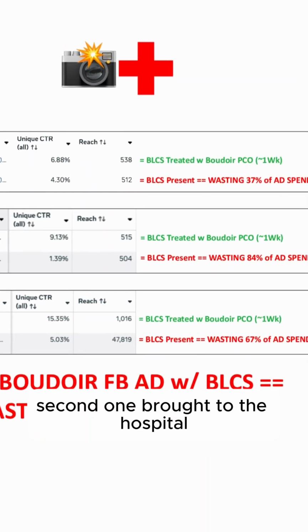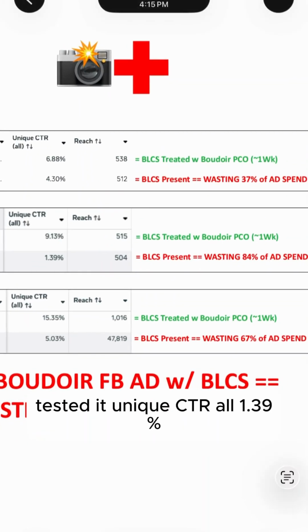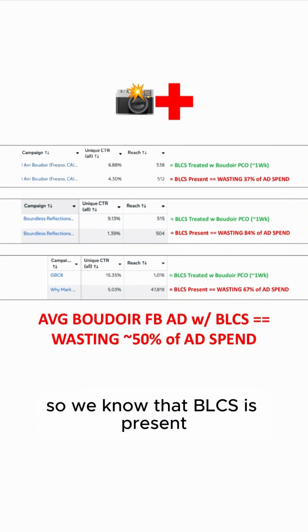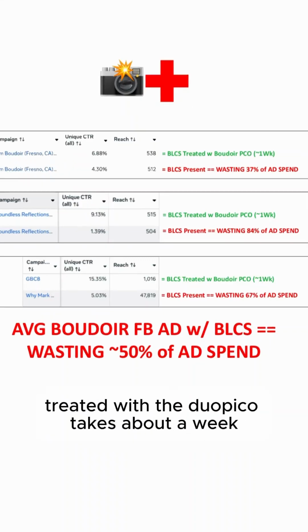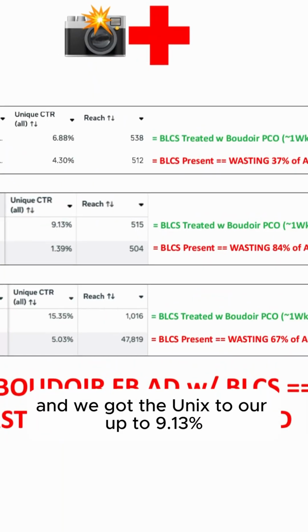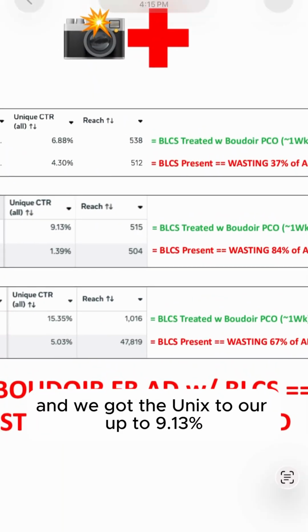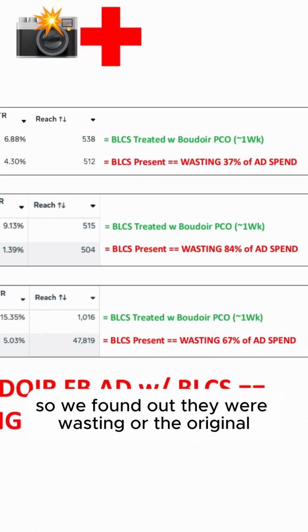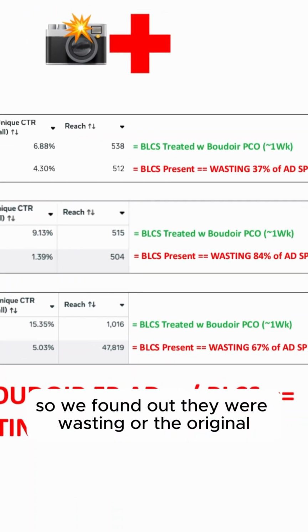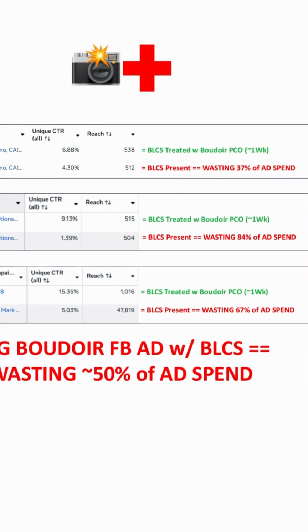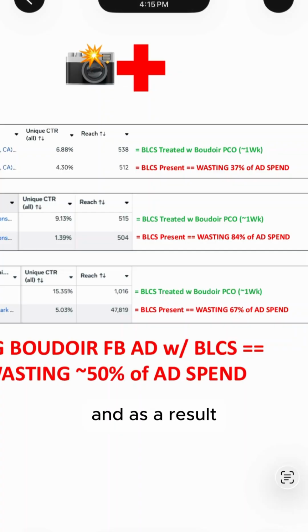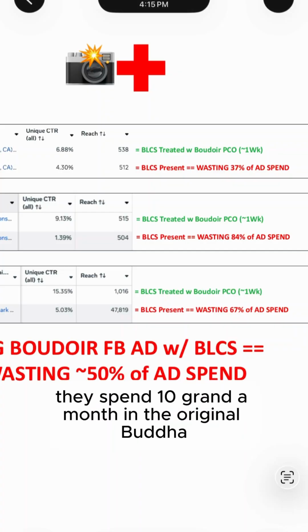Second one, brought it to the hospital, tested it, unique CTR 1.39%. So we know that BLCS is present. So did the same thing, duplicated, treated it with boudoir Pico, takes about a week, and we got the unique CTR up to 9.13%. So we found out the original was wasting 84% of its ad spend. And as a result, you know, they spend 10 grand a month on the original boudoir Facebook ad.